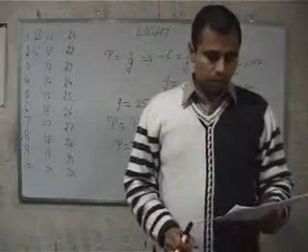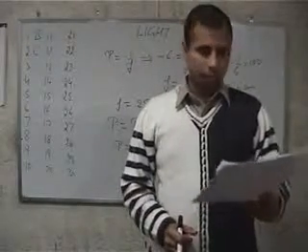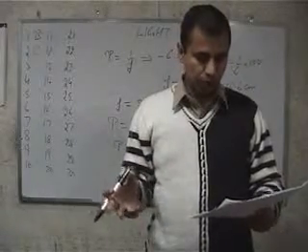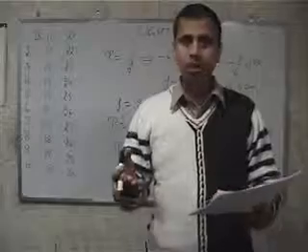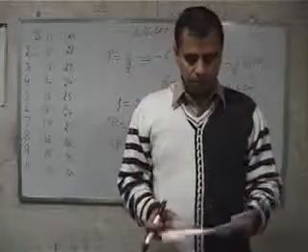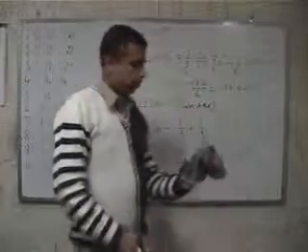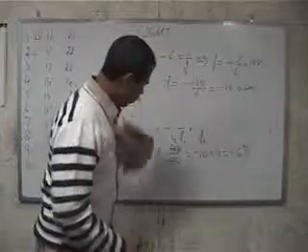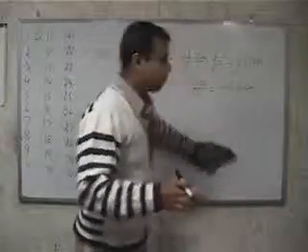Now let us move on to the third question. If the refractive index of diamond for light going from air to diamond is 2.42, what will be the refractive index for light going from diamond to air? The question is very easy. What you have to remember is, when we find out refractive index, it is the ratio of two refractive indices.